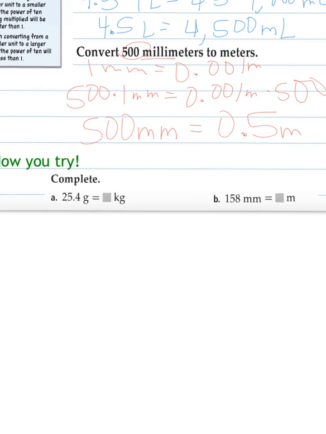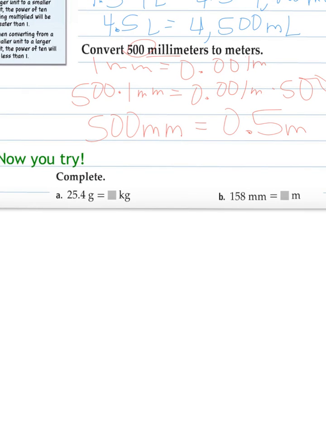Okay, here's a couple for you to try on your own. 25 and 4/10 of a gram equals how many kilograms? Okay, so on this one, 1 gram equals 1,000th of a kilogram. So now we multiply each side by 25.4.